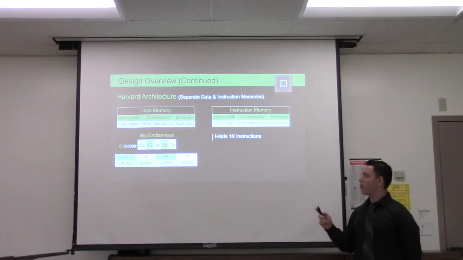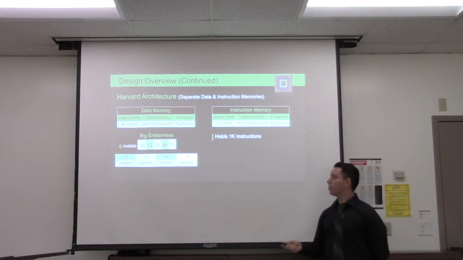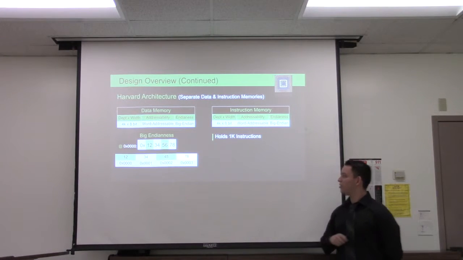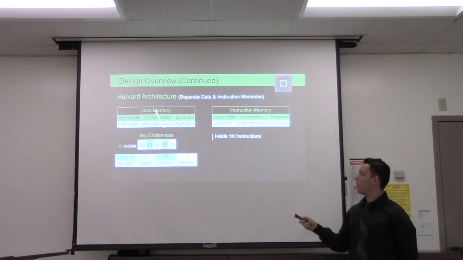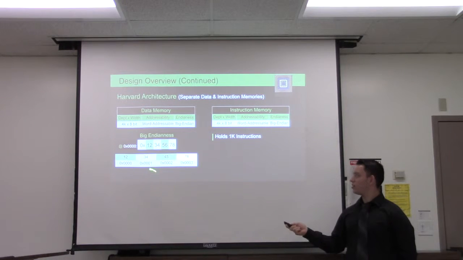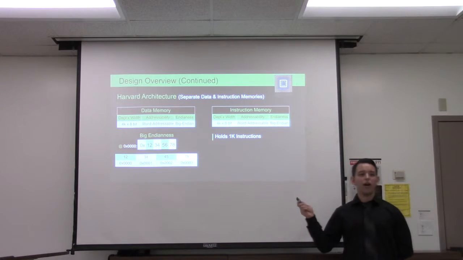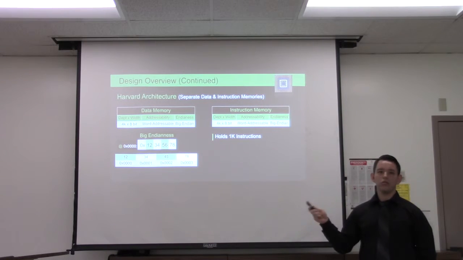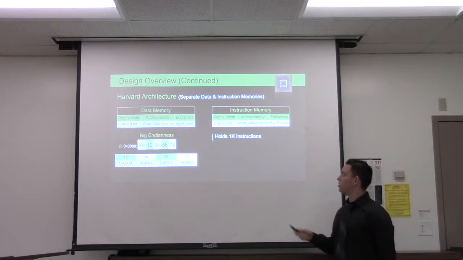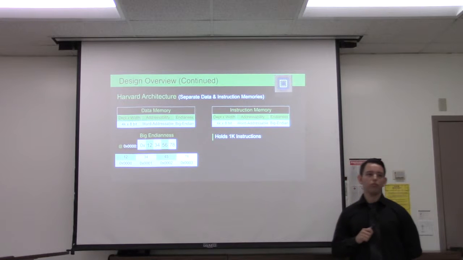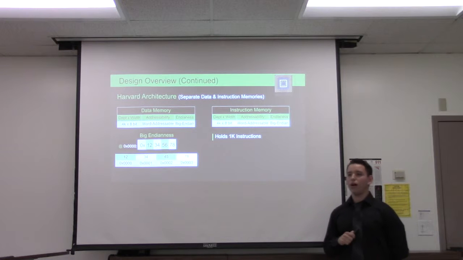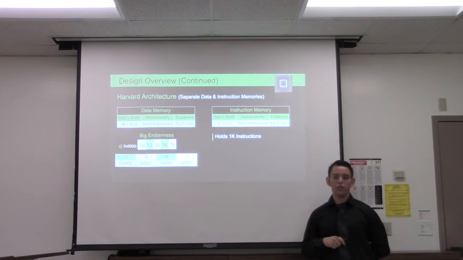Big Endian is where the most significant byte is stored in the least significant address location, and then every subsequent less significant byte is stored in the more significant address location. And with our memory being 4K by 8 and our instructions being 32 bits in width, this allows us to hold up to 1K instructions, which will be more than enough to verify the design of our CPU.